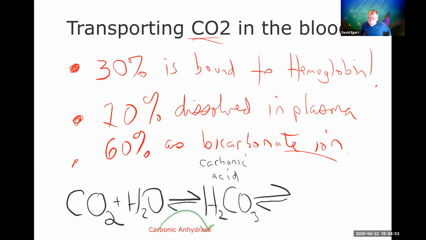We've seen what happens to carbonic acid. It's a weak acid. We talked about it when we initially talked about buffers in the first week of class. This just dissociates into H+ and HCO3-. This is what we call the bicarbonate ion.